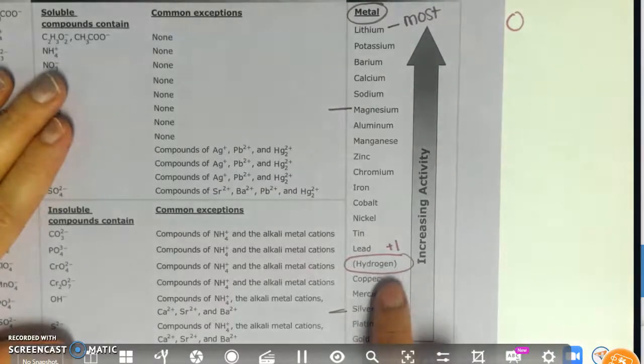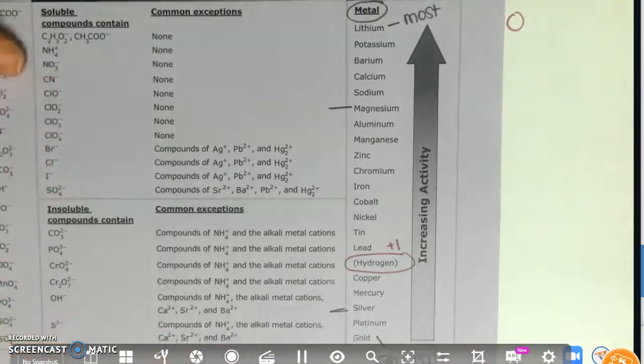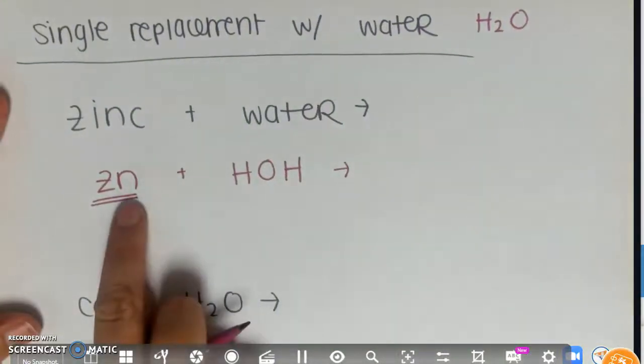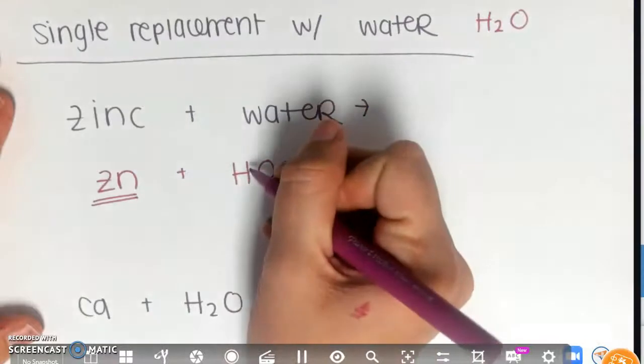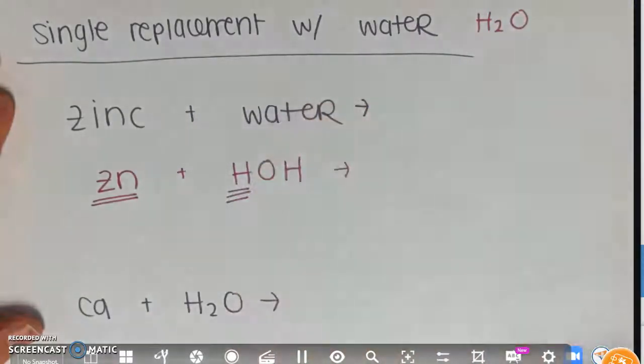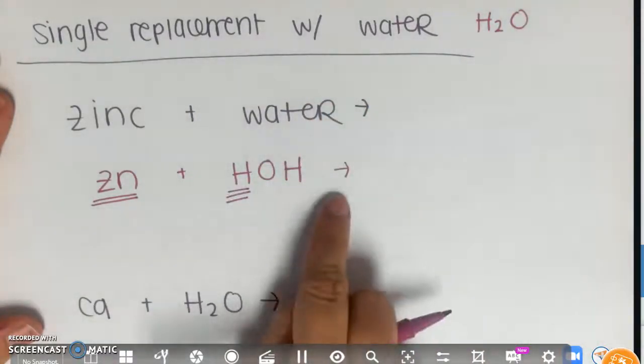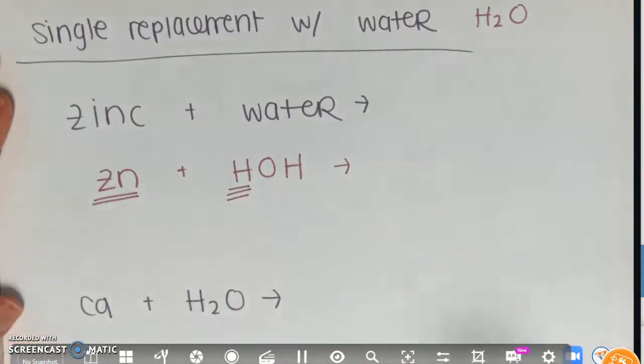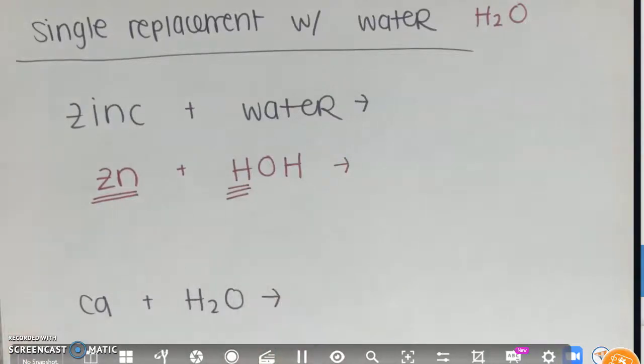So that's why it's in parentheses, but it's on this list. So when you have a single replacement reaction with water, this metal wants to replace only this hydrogen, not the other hydrogen. And the reason why doesn't matter, that's just what it does. It replaces 1 hydrogen.